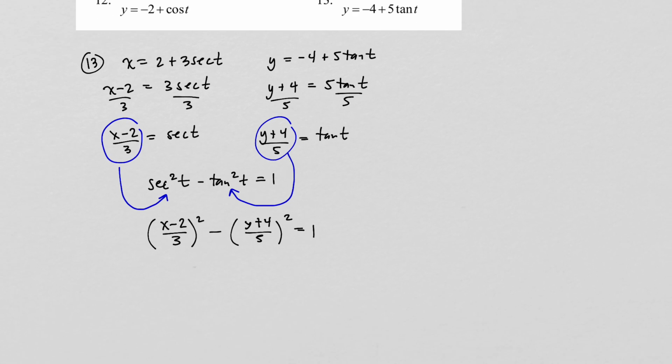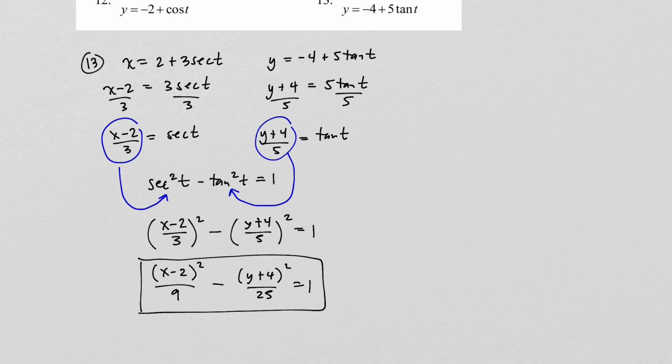You could leave it like this, but usually we will separate the top and bottom of the fraction, squaring each one, and this is the rectangular equation corresponding to those parametric equations.